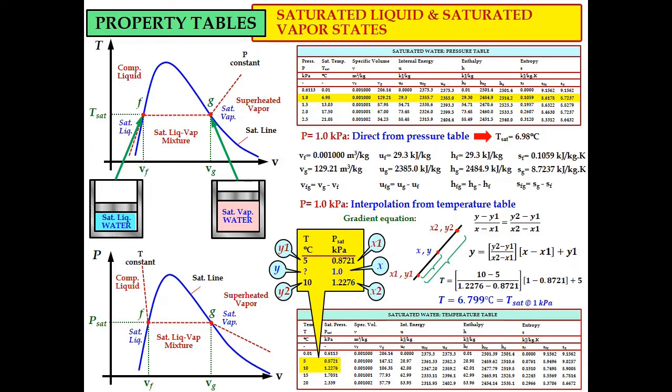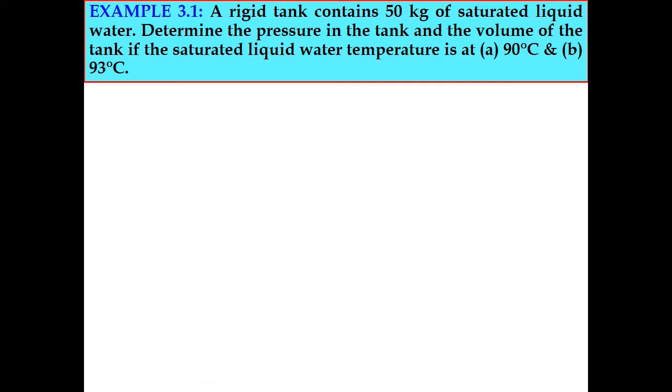Okay, so that's how we can determine the data for saturated liquid and also saturated vapor by using the properties table. Now we look at example 3.1. A rigid tank contains 50 kg of saturated liquid water. Determine the pressure in the tank and the volume of the tank if the saturated liquid water temperature is (A) 90 degrees Celsius and (B) 93 degrees Celsius.